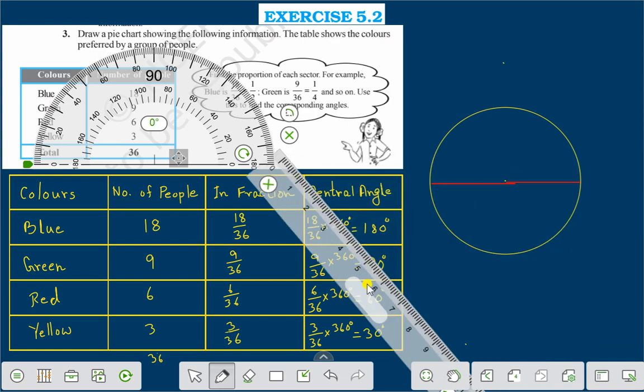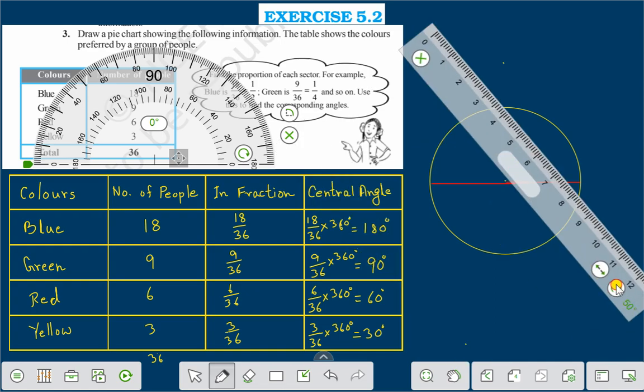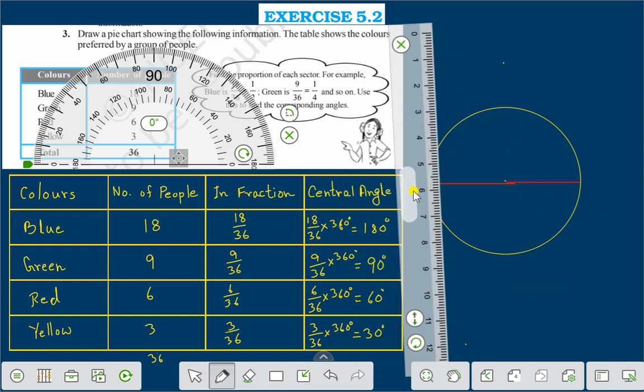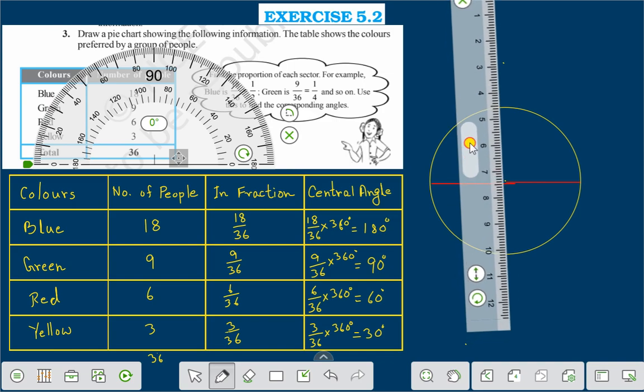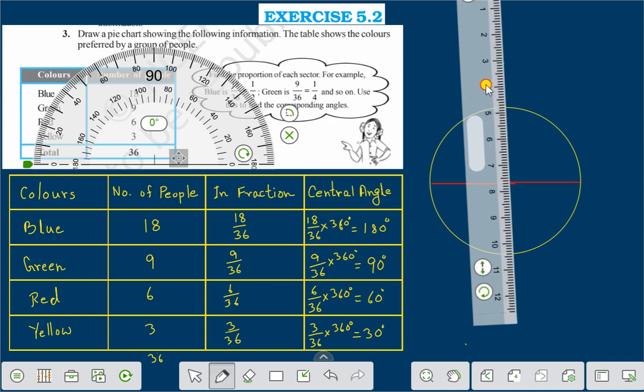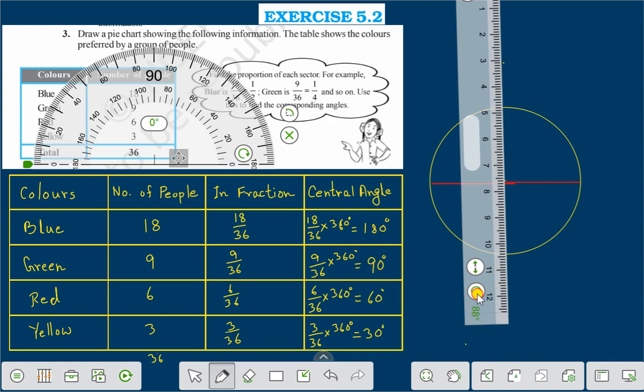That is 90 degree. This is exactly 90 degree. You see, we are drawing this one.